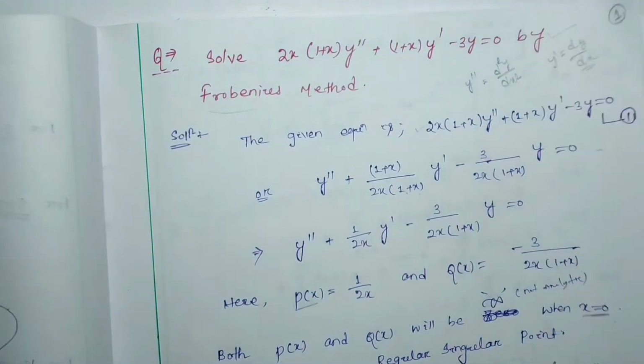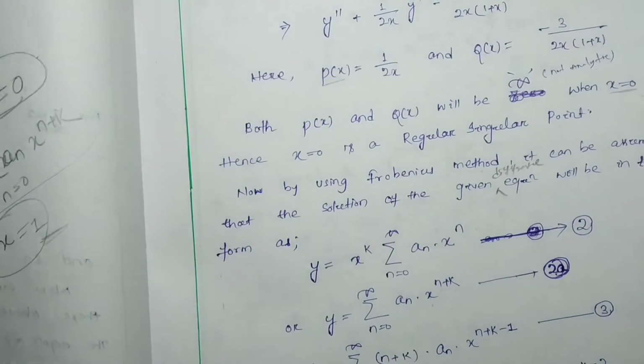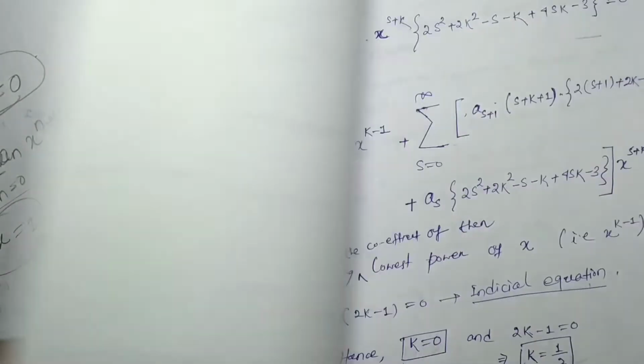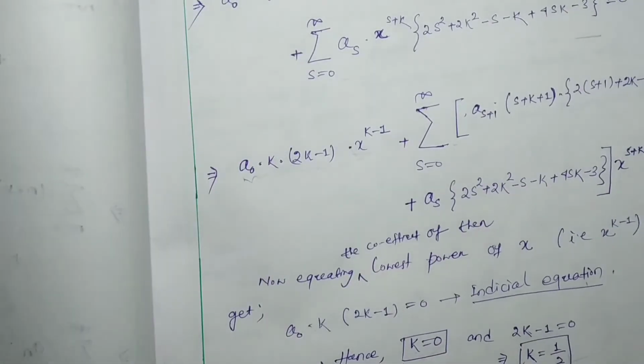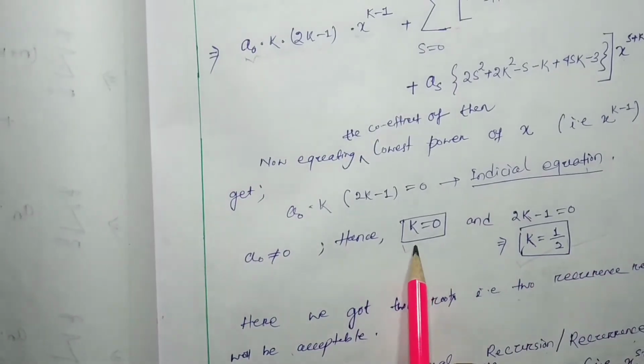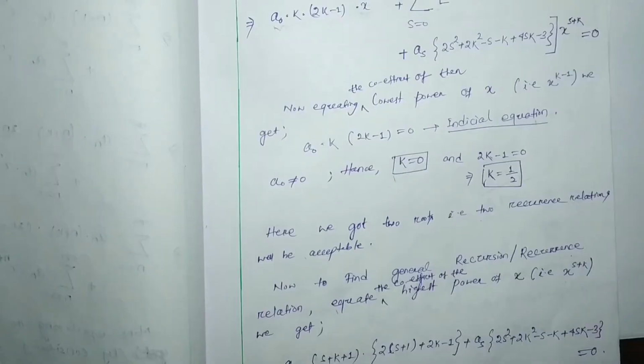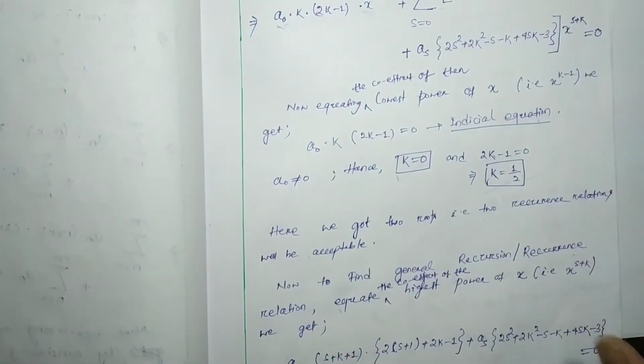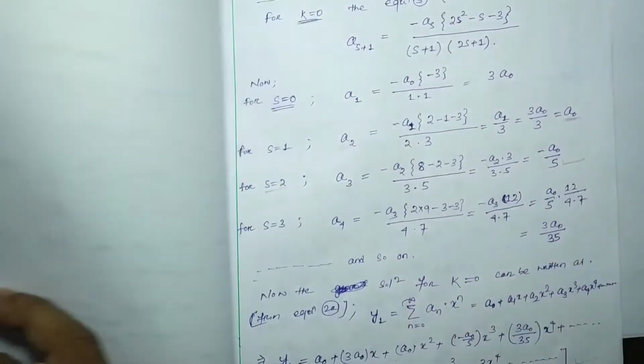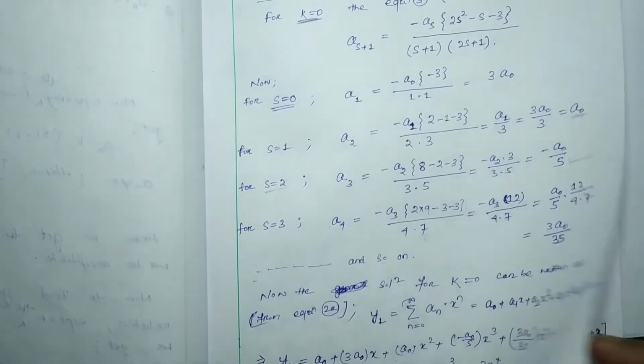Step by step we discussed this problem and we got the answer. From the initial equation we found k equal to 0 and k equal to 1 by 2, and at the end we found the general solution.